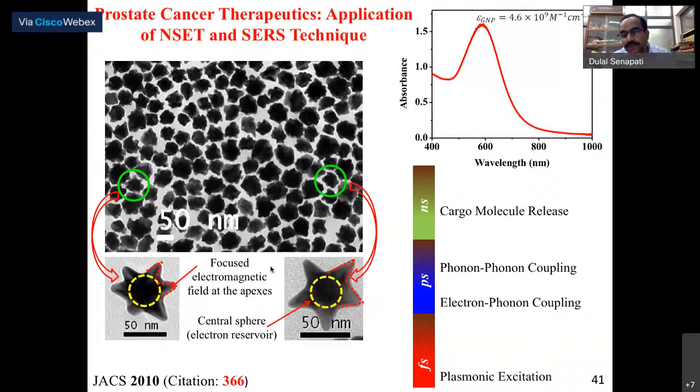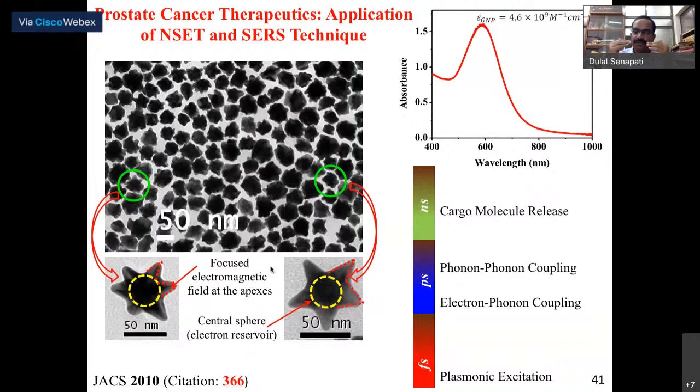So how will they dissipate it? It initiates electron-phonon coupling, meaning the electronic excitation couples with the vibration of the crystal, which finally generates phonon-phonon coupling, meaning the crystal lattice starts vibrating, and that generates heat.